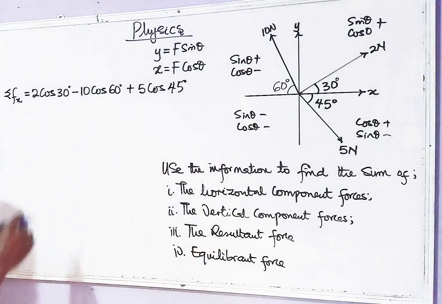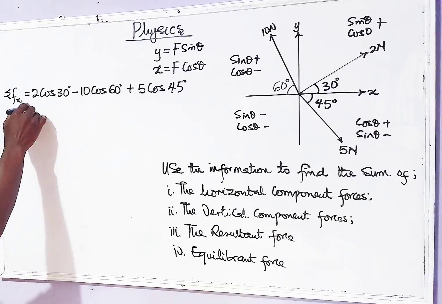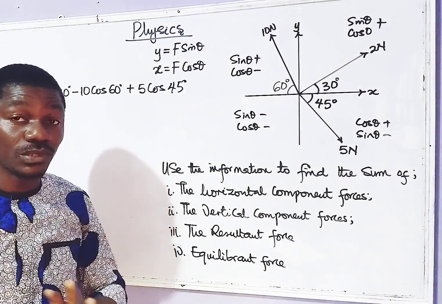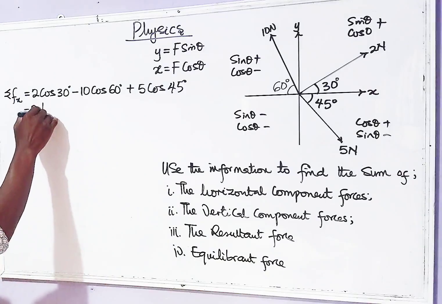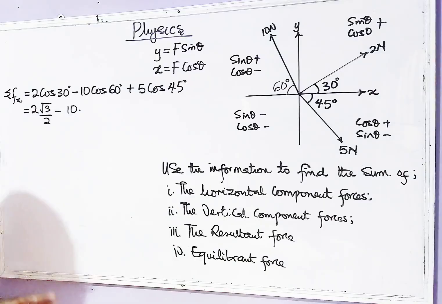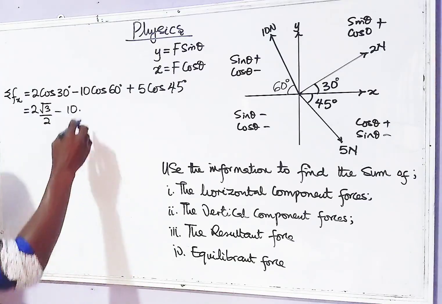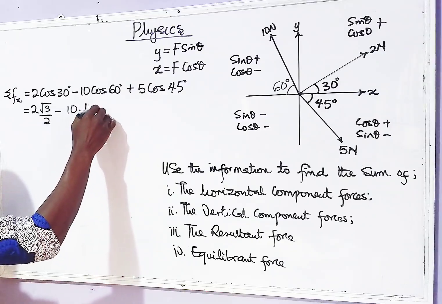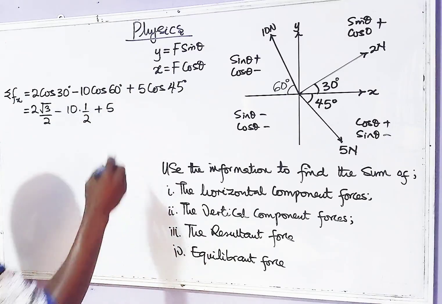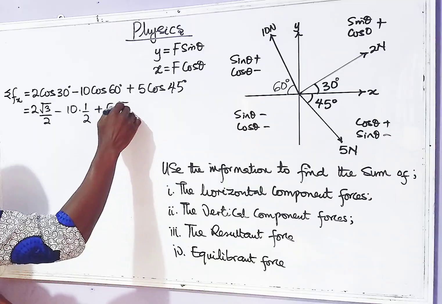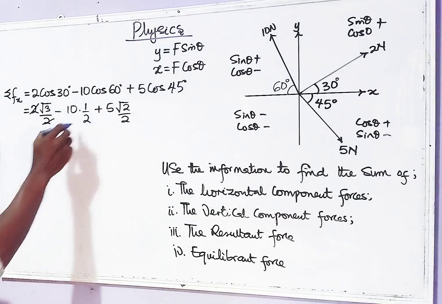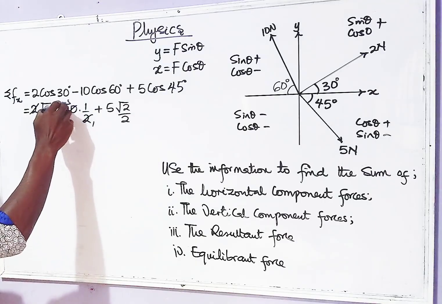Okay, so let us now resolve this. Now this is 2 cos 30, which should give us root 3 all over 2, so root 3 all over 2, minus 10 times cos 60, which should give us half, so 1 over 2, plus 5 cos 45, which should give us root 2 over 2. Now we can clear up these 2 here, giving us 5 here.